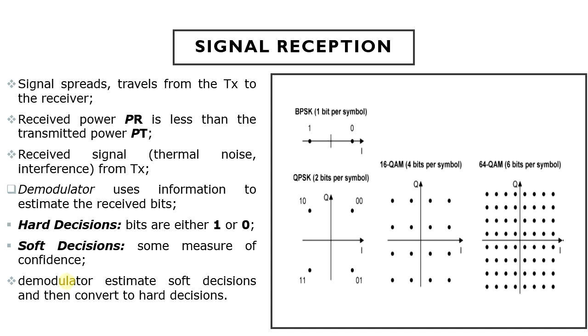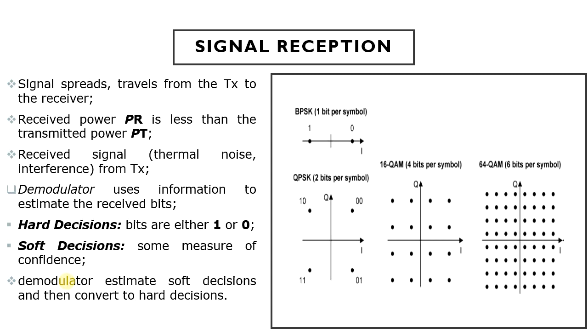The symbol estimation stage extracts the amplitude and phase of the incoming signal in the form of continuously varying real numbers. The demodulation then uses this information to estimate the received bits, which can take the form of hard decisions in which the bits are either 1 or 0, or soft decisions that include some measure of confidence.